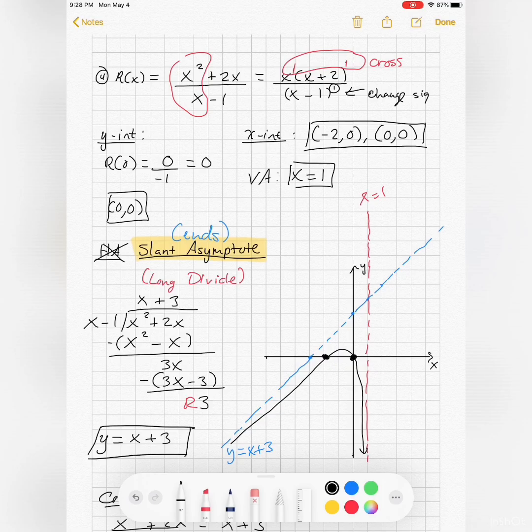Power 1, change sign. So if it's below here, it has to be above here. Okay, well that makes sense. Couldn't be below, because if it were below here, then it would actually have to have another x-intercept, which it doesn't. Okay, so everything matches up.